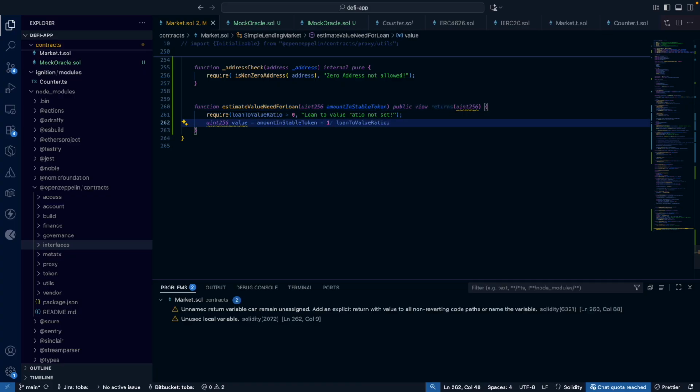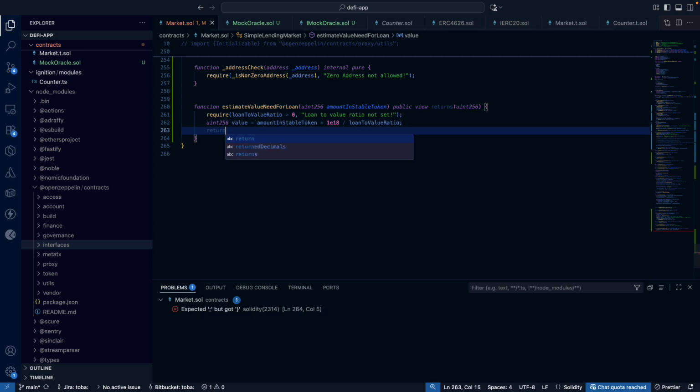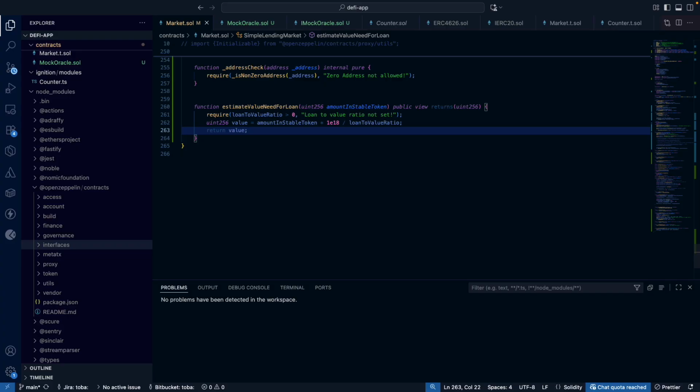This would preserve our precision. Good. So we return value. That's what we need here.